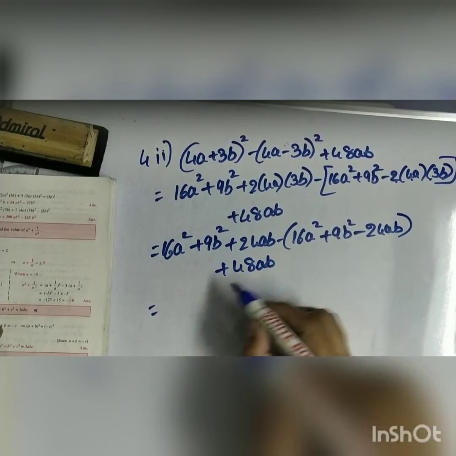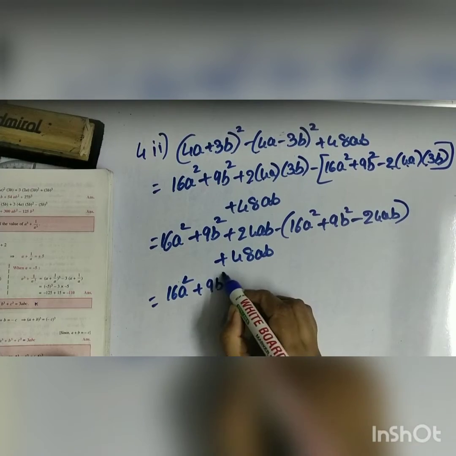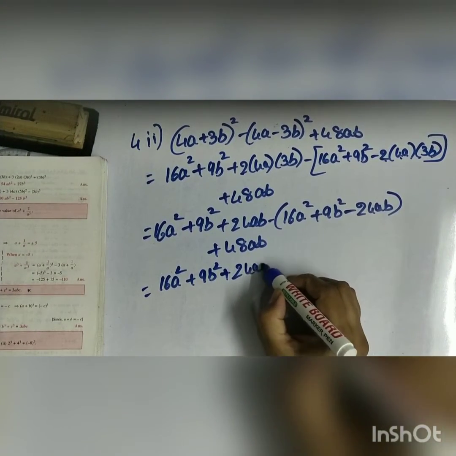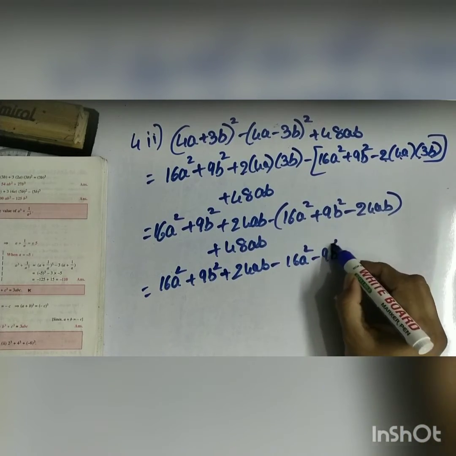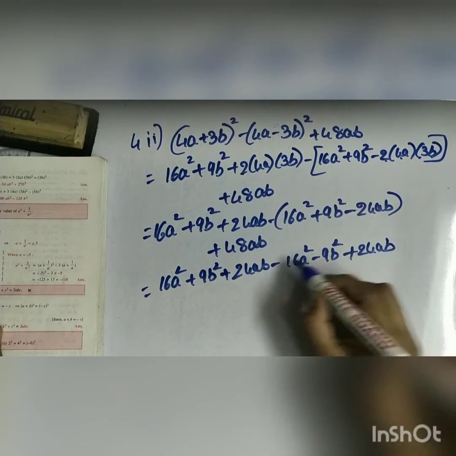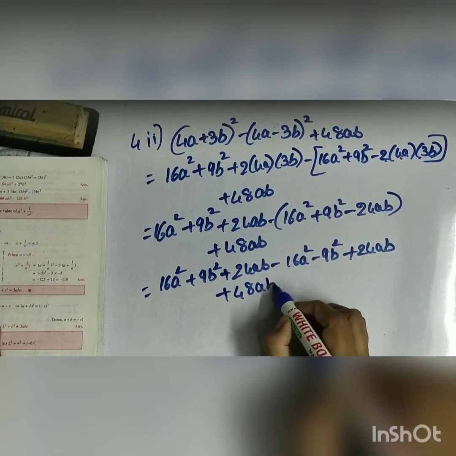Now we'll open this bracket. 16a square plus 9b square, sorry, not whole square, 9b square plus 24ab minus 16a square minus 9b square. So minus into minus is plus 24ab, and we have the remaining 48ab.